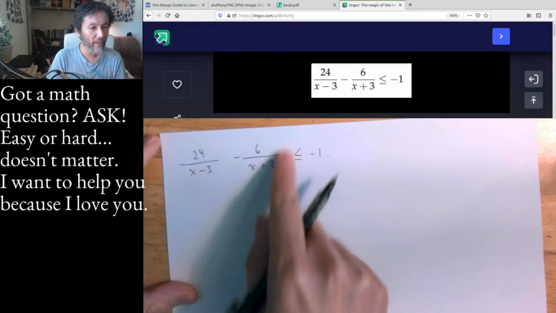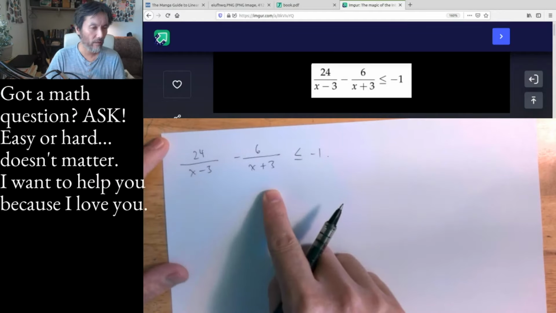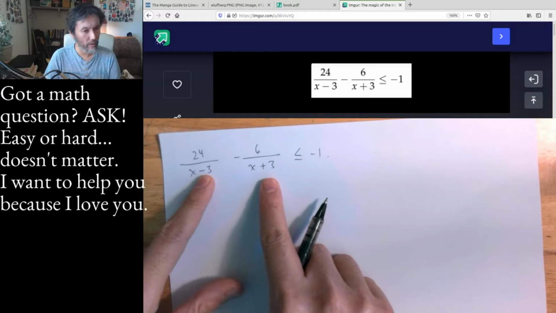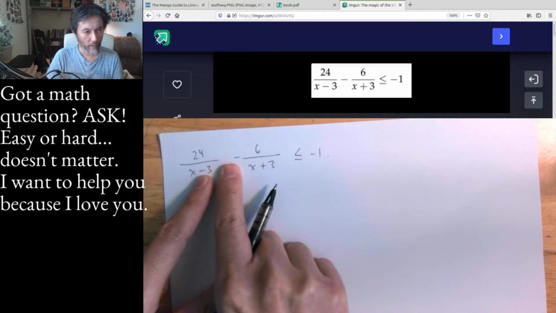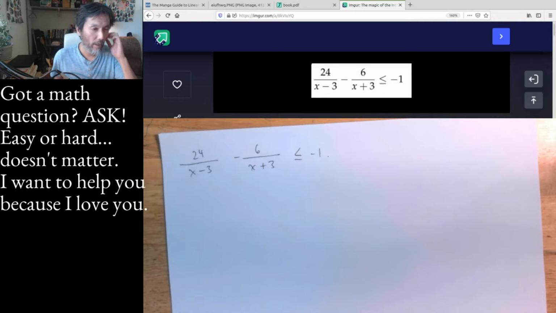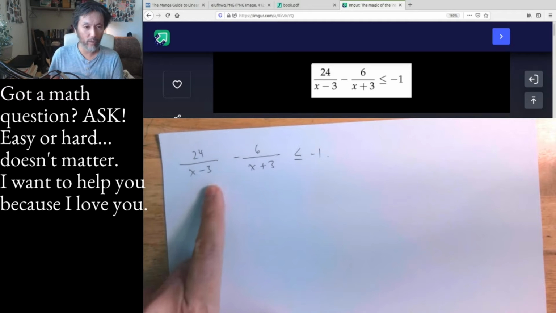Can we write these two fractions, which are being subtracted, as a single fraction? And if so, what's the first step that we need to do? I mean, we can. I sort of gave it away. What's the first step that we need to do to make this into a single fraction?